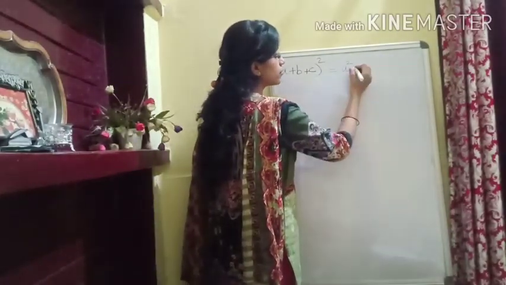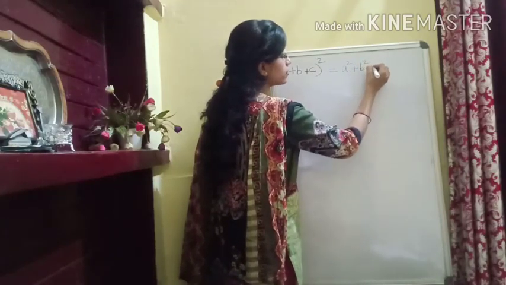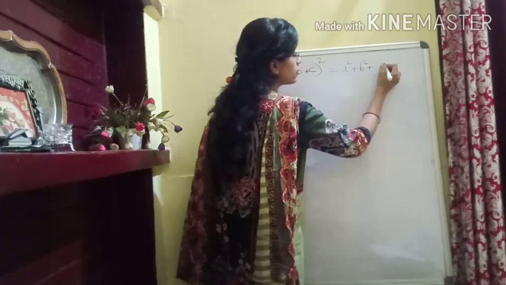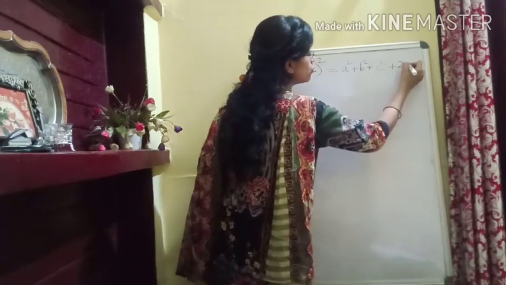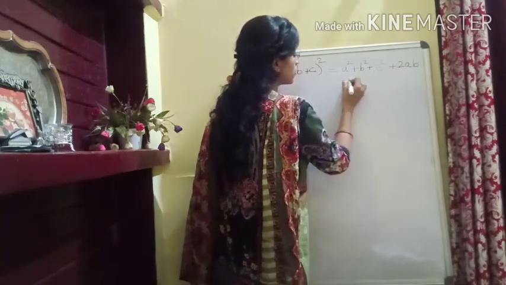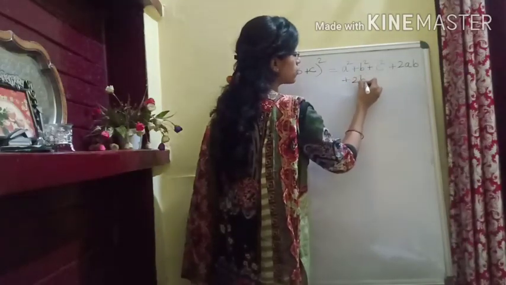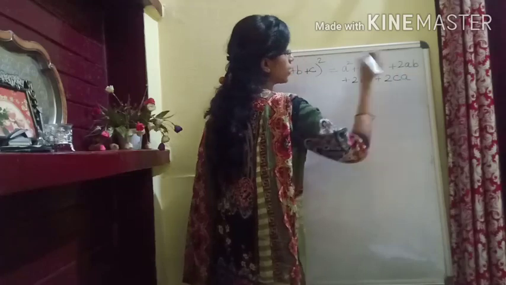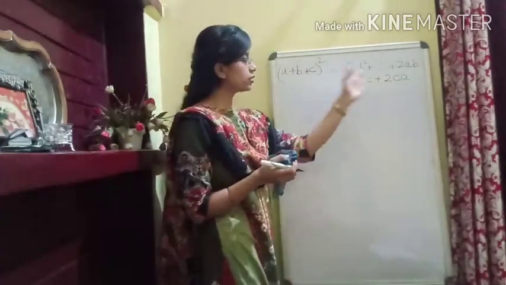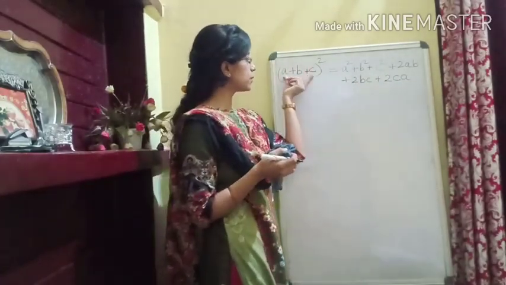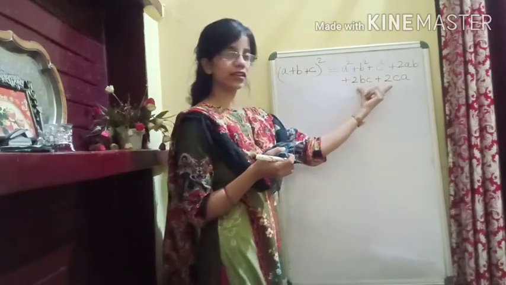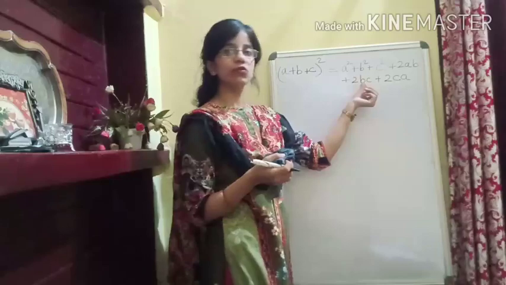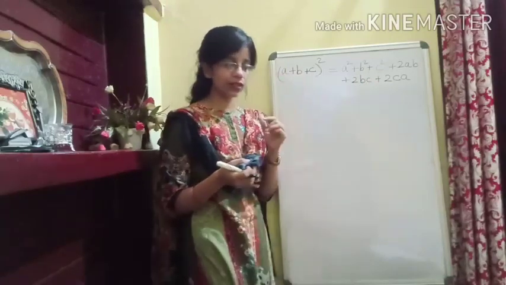A square plus b square plus c square plus 2ab plus 2bc plus 2ca. So these are the terms which we get after expansion of (a plus b plus c) whole square: a square plus b square plus c square plus 2ab plus 2bc and plus 2ca.